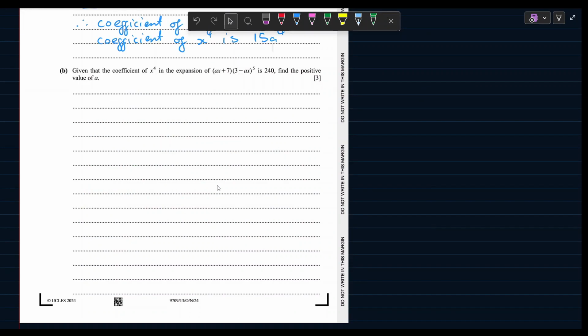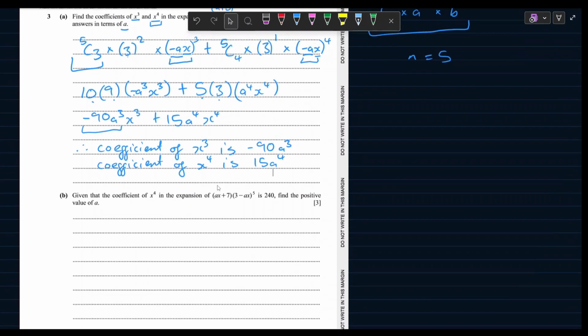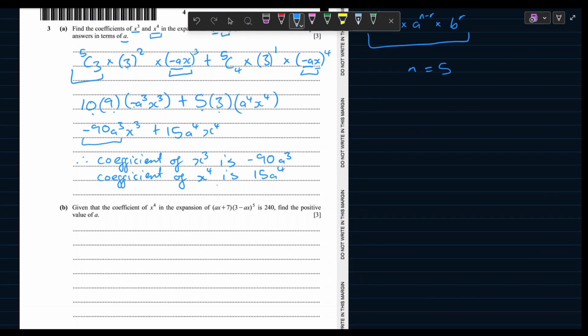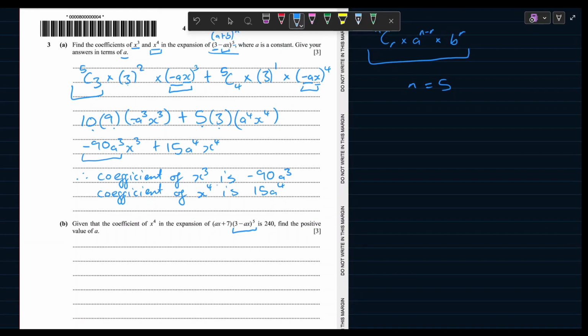Part B, given that the coefficient of x to the 4 in the expansion of ax plus 7 times 3 minus ax to the 5 is 240, find the positive value of a. Okay, so notice how this 3 minus ax to the 5 is the same bracket in part A. So in part A, we found the terms in x cubed and x to the 4 from this bracket.